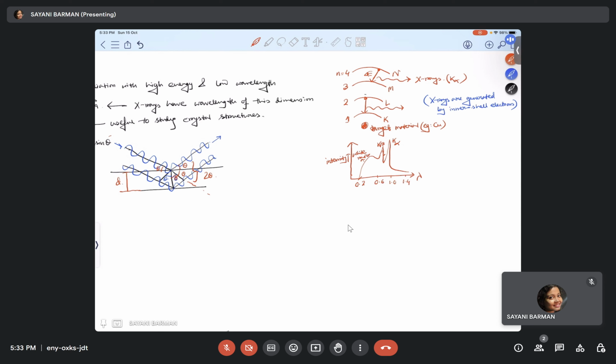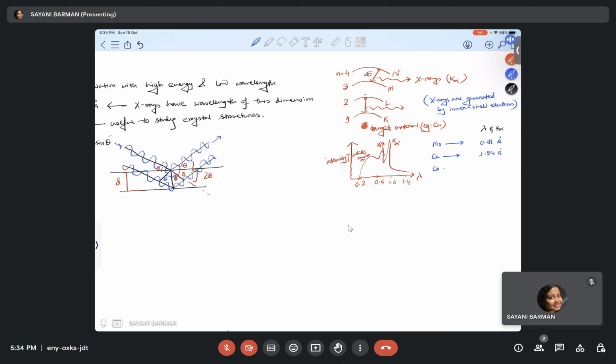Now, what can be the sources of X-rays? There are various sources or target materials. I'll just write a few of them, and here I have written the lambda of K alpha radiation. For molybdenum, it is 0.71 angstrom. For copper, it is 1.54.